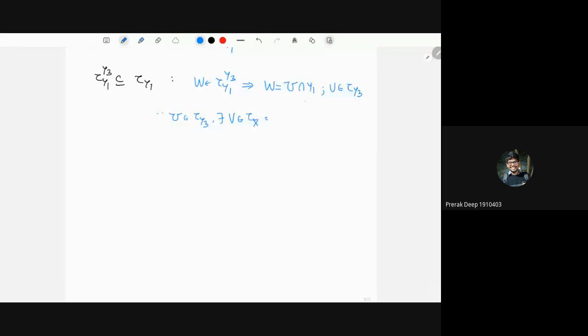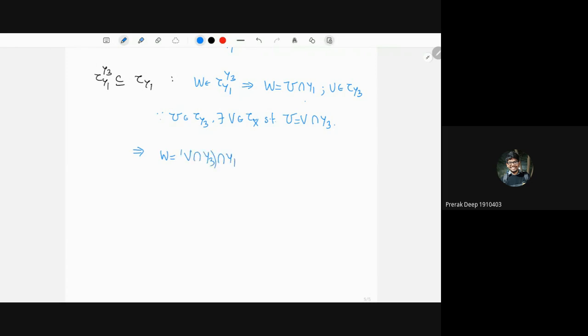Since u is in tau y3, there is an open set v in tau x such that u is nothing but v intersection y3. Using this fact, we can rewrite w as v intersection y3 intersection y1.